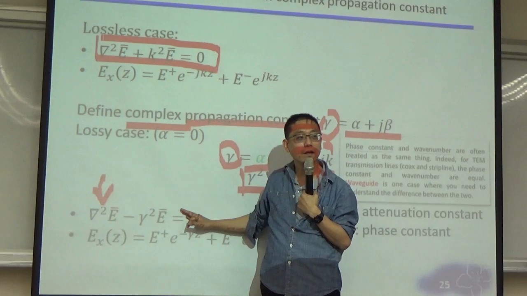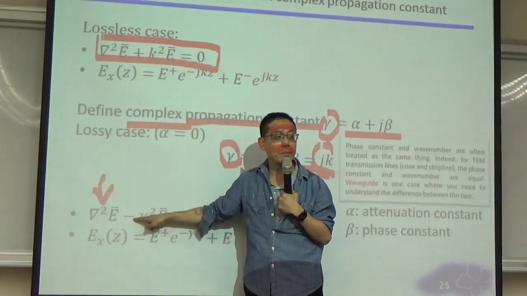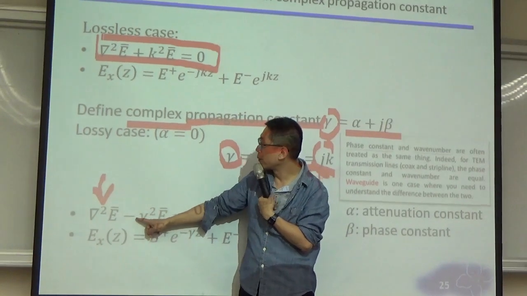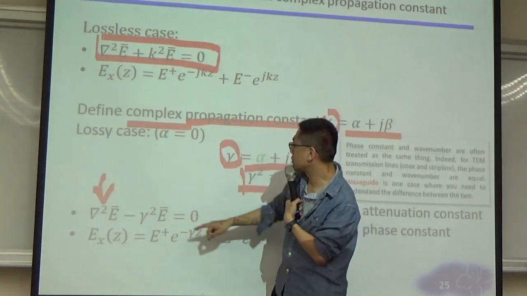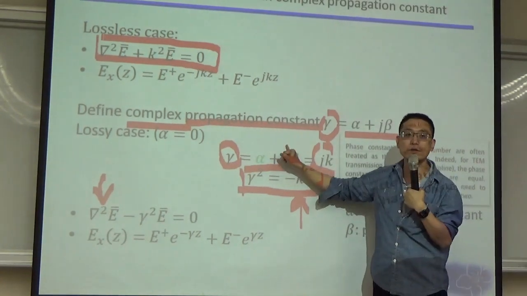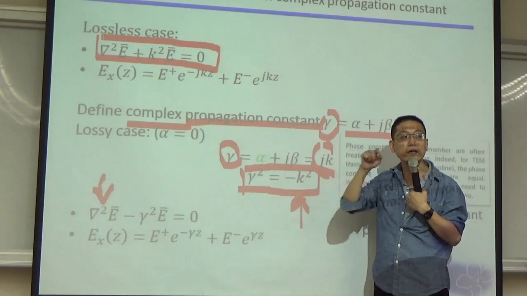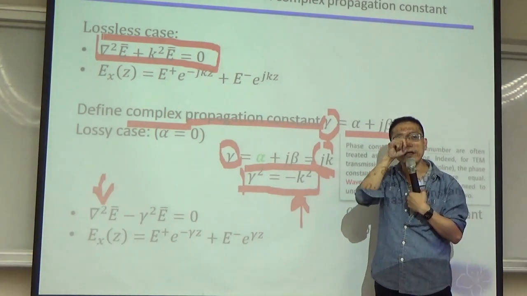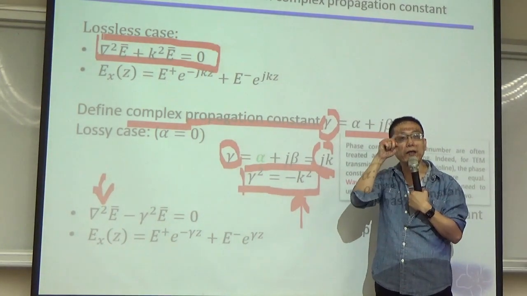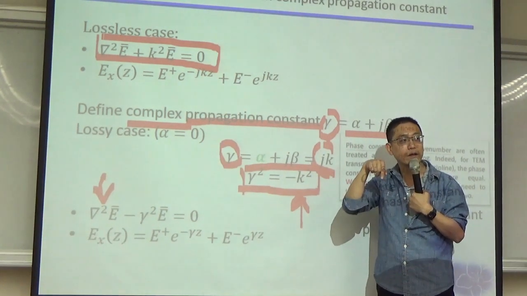And where does the minus come from? The minus comes from the j squared. j is the square root of minus 1, so j squared is minus 1.